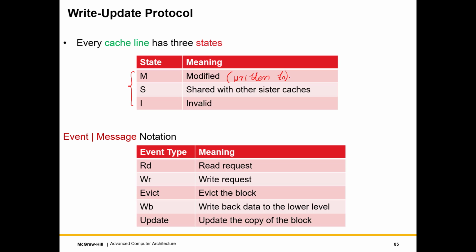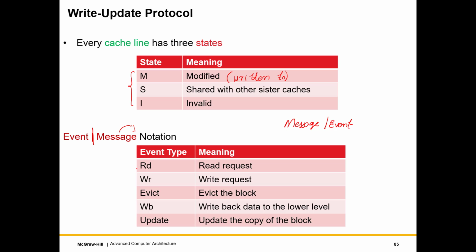What we will be studying in these cache coherence protocols is a set of state diagrams and a set of transitions. With each state transition edge, we'll have an event, then a vertical bar, then a message notation, which basically means if a certain event happens, you send this message, or you do this. Also we can have a message, vertical bar, event notation, where if we receive a certain message from the bus, then we fire a certain event or we do something.